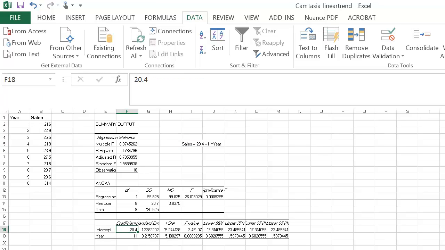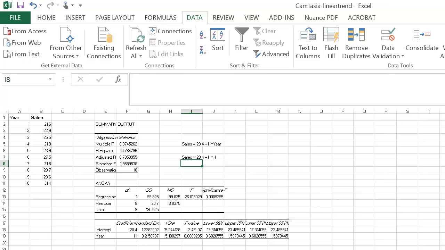Here is your intercept 20.4, and here is your slope 1.1. So if you wanted to predict the linear trend for year 11, so the sales value for year 11, your prediction would be sales is equal to 20.4 plus 1.1 multiplied by 11, whatever that comes to. All right. So that's the linear trend.